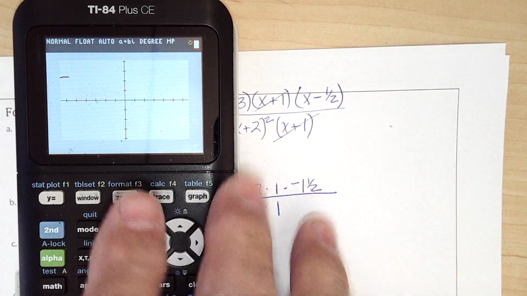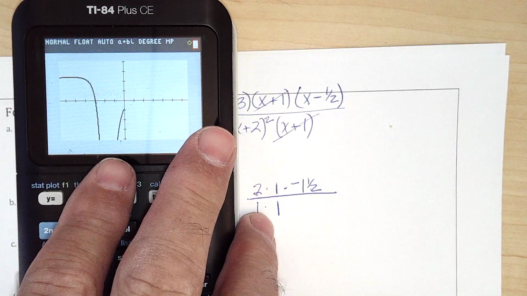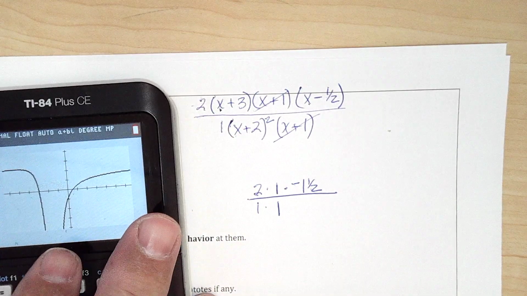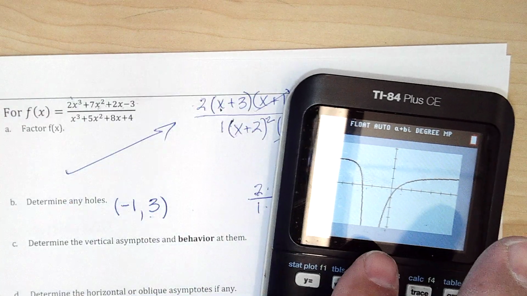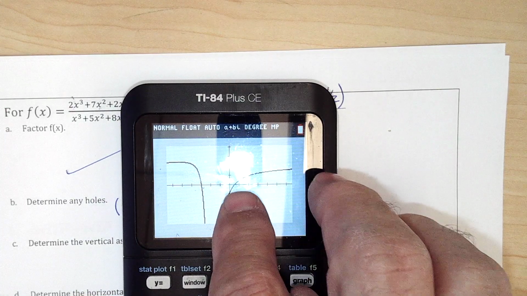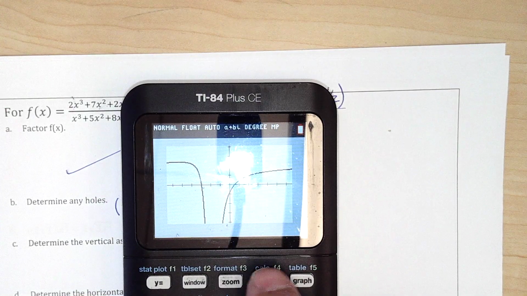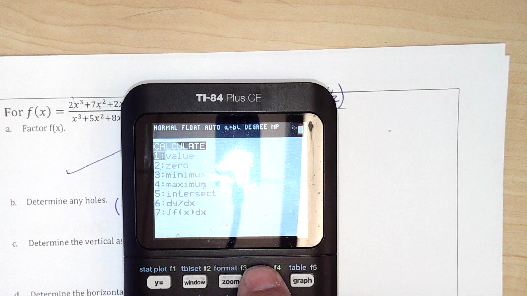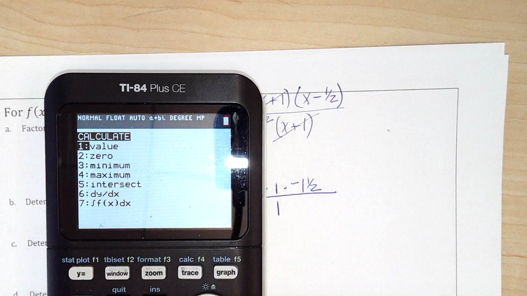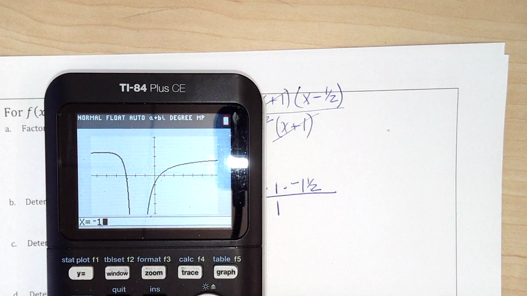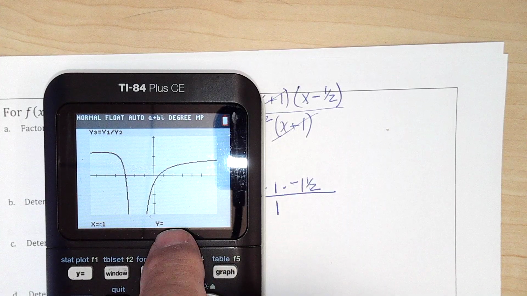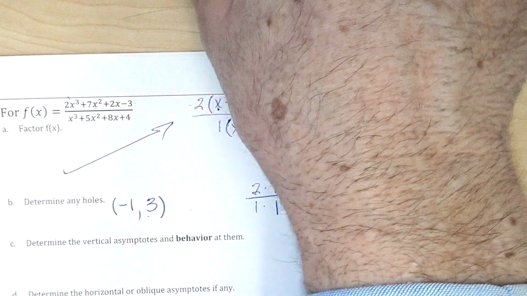And that should be the graph of this. And I should see a hole at -1. So I'm going to put in second, calculate the value at -1. And it's going to say not a value. So that confirms that we got the hole right.